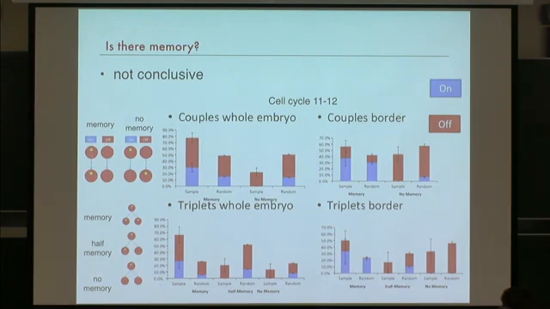So we looked at the probability that you're active given that your mother is active, or you're inactive if your mother is inactive, versus the other way around. We looked at the whole embryo at the border, and we compared the sample.